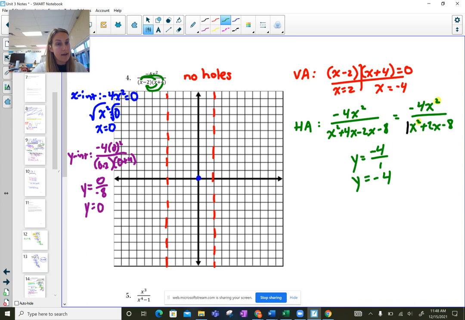So we have a horizontal asymptote at -4. Cute.